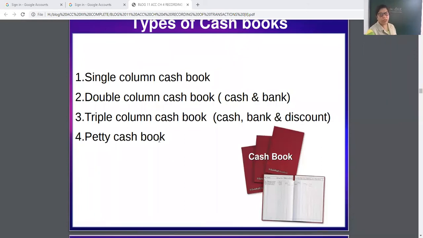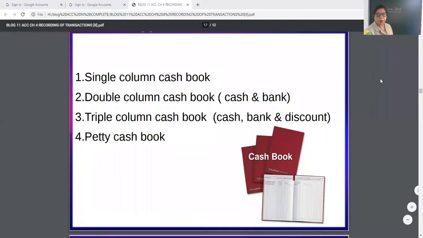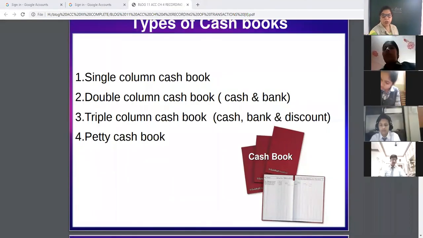Then petty cash book. Petty cash book means a cash book for small expenses, all those expenses which are recurring and repeating in nature and for small amounts, that can be entered in petty cash book.